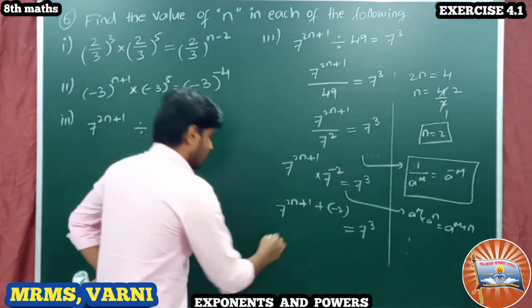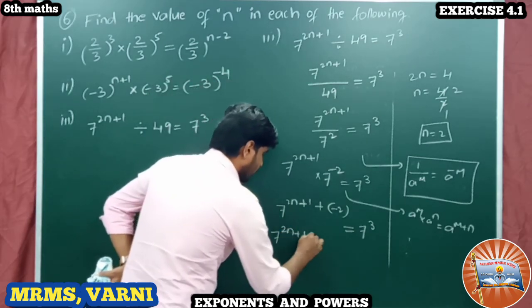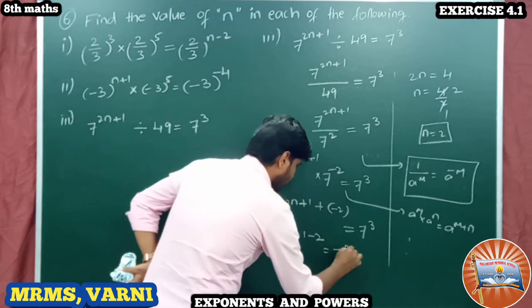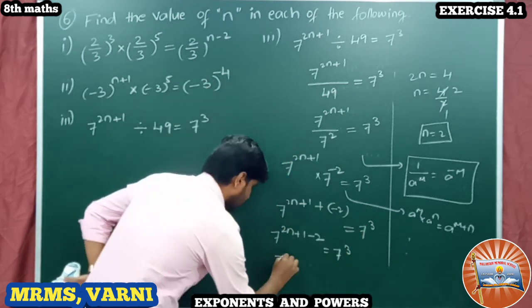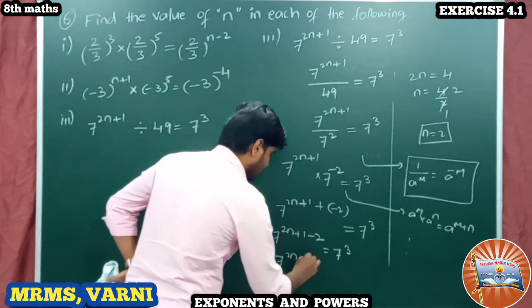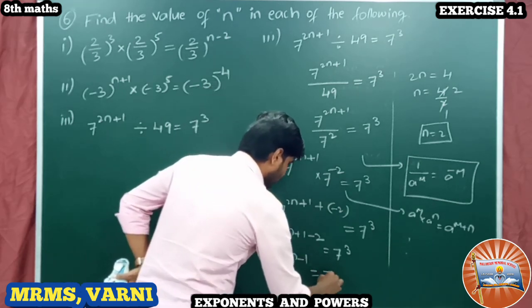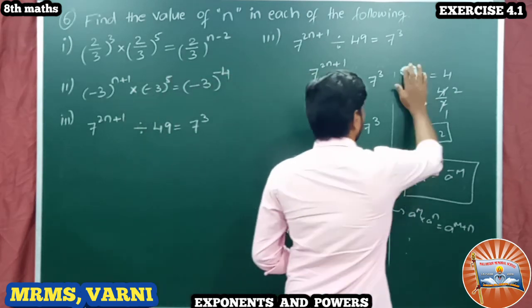Next, 7 power 2n plus 1 minus 2 is equal to 7 cube. So this becomes 7 power 2n plus 1 minus 2, nothing but 2n minus 1, with 7 cube as it is.